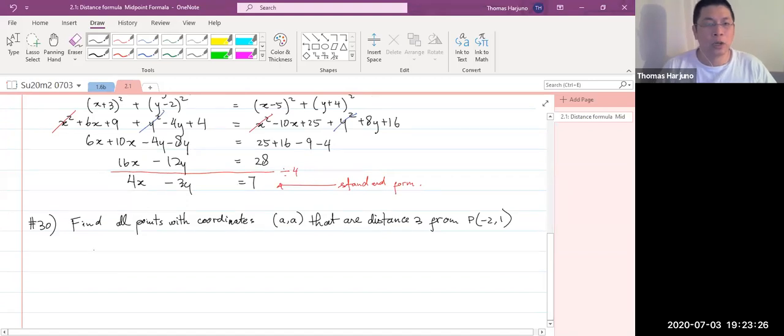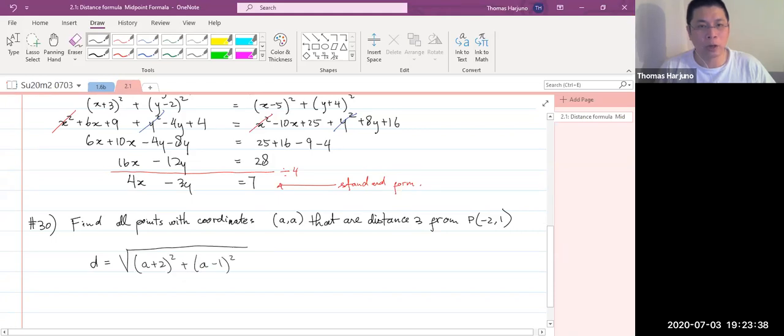Okay, so the distance formula is the square root of (a plus 2) squared plus (a minus 1) squared, right? This a here and this a here. And the distance has to be 3.